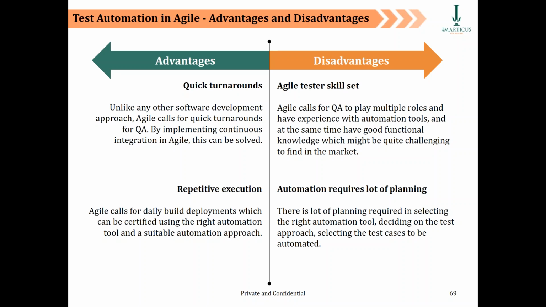And obviously, some of the flip sides of test automation is that, in any case, Agile calls for the quality assurance person to play multiple roles, right? And one of the roles of a quality manager in an Agile project is to deal with the automation tools. Plus, they must have good functional knowledge as well.